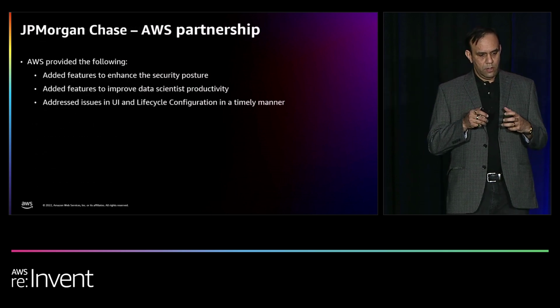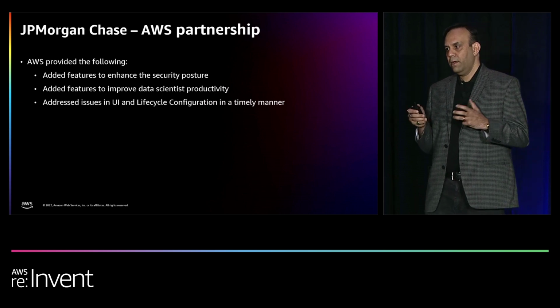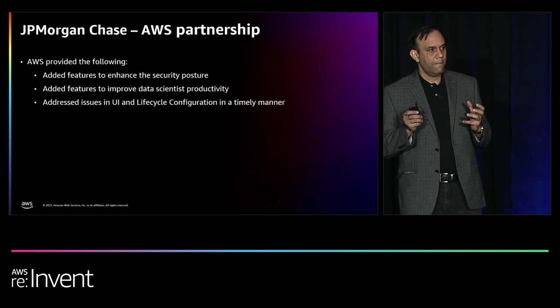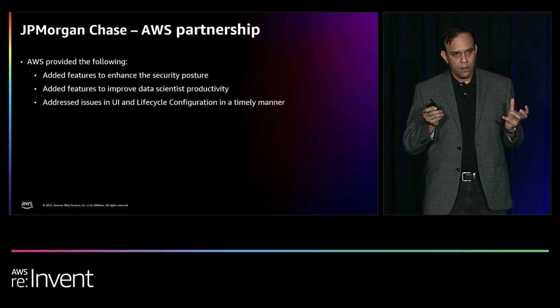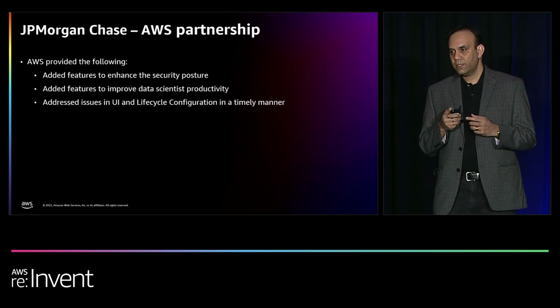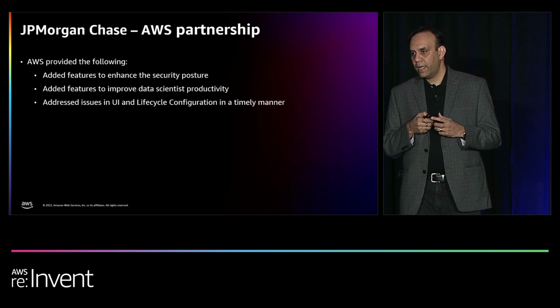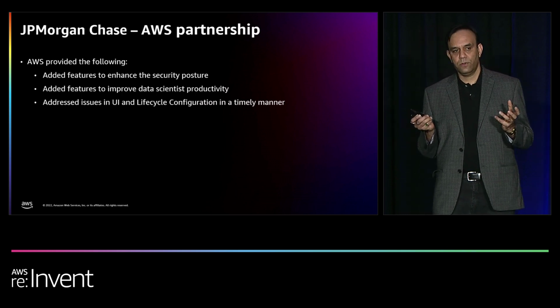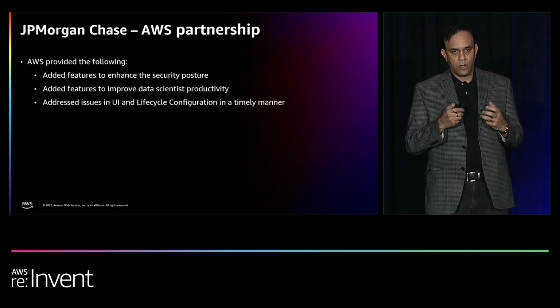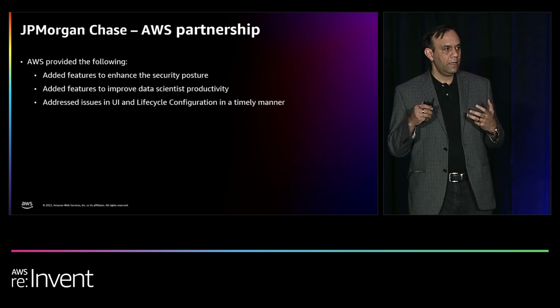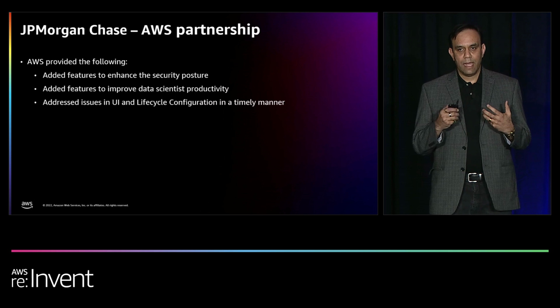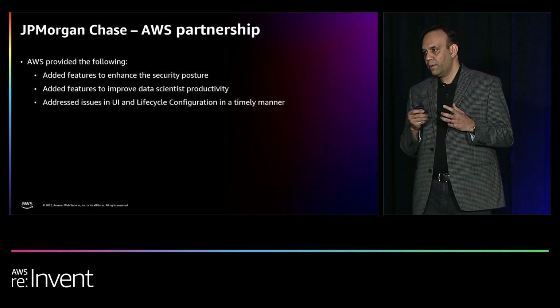So during the journey of enabling Studio in Chase, we had tremendous support from the AWS team. We requested features which the AWS team implemented to enhance the security posture of Studio Notebook. We also requested features to improve the productivity of data scientists, like we asked for enhancing the experience on the Autopilot UI.